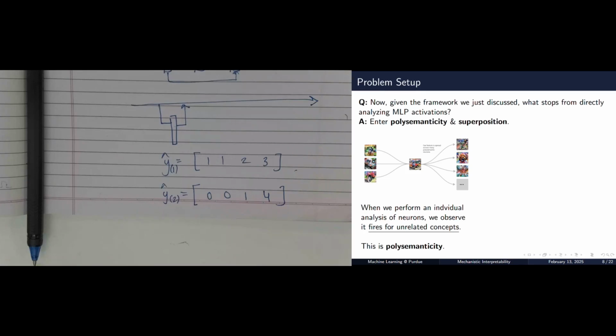So the car feature in this case is represented by multiple neurons at the same time, and in addition, the neuron that fires for, I guess, the combination of everything that constitutes a car also fires for things that are relatively unrelated, as an example, something like an airplane as well, right?